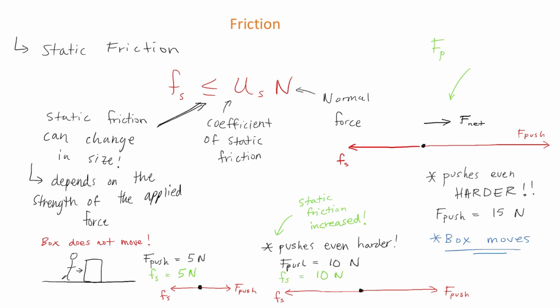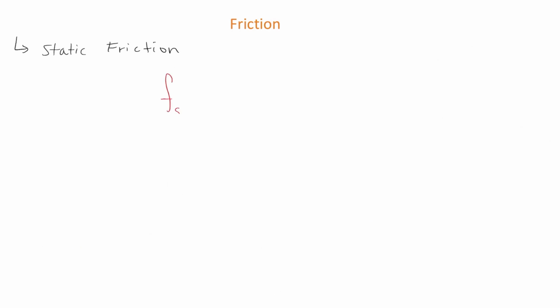So what we just learned is that the static friction force can increase in size up to a maximum point. And once the applied force is greater than the maximum static friction, then the object will move. And so when you're doing questions about static friction, we only care about the maximum static friction.